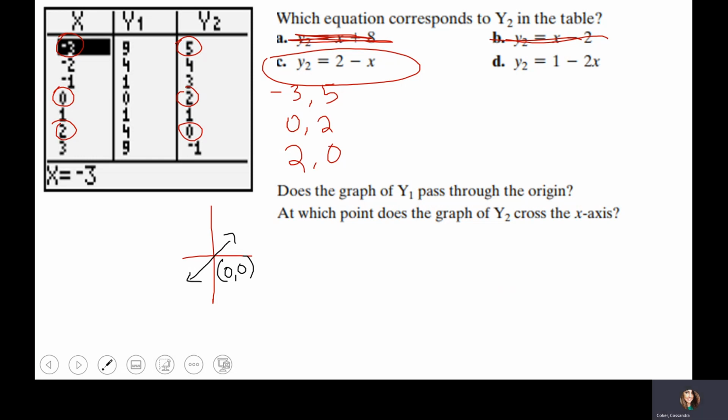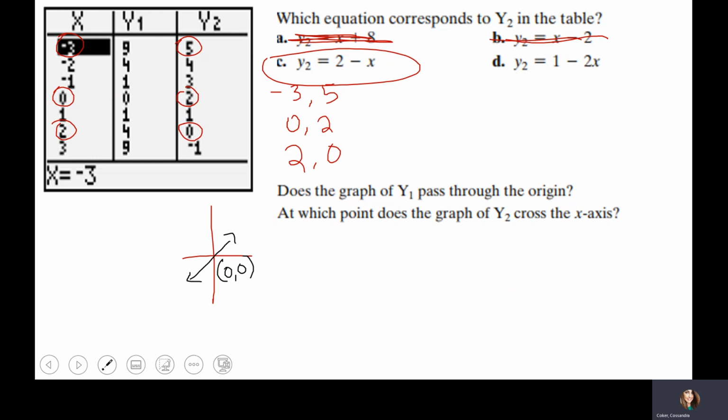So I want you to look in the column of y1. Do you see a value of 0? Yes, we do here. So it's that simple. Just look in your y column. If you see a value of 0, that means it's crossing through the origin.